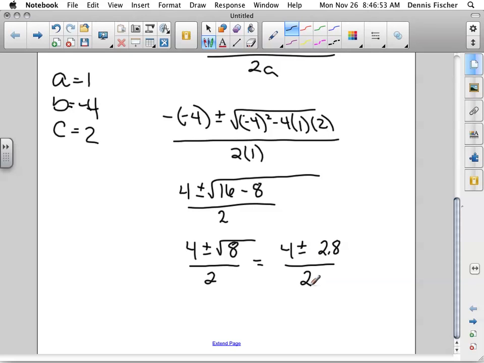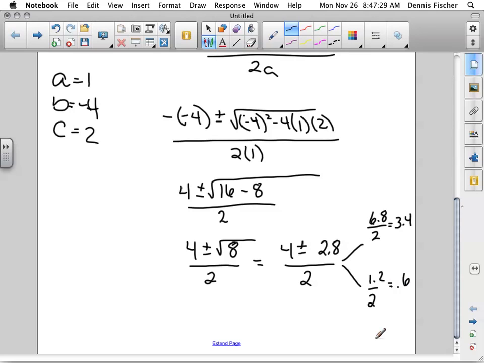Okay? Now what I do with my answers, a lot of people did differently. First of all, I have 4 plus this divided by 2. What's 4 plus 2.8? 6.8. Divided by 2, and I heard somebody say 3.4. That's one of my answers. Then the other one is 4 minus 2.8, 1.2, divided by 2, which is 0.6.